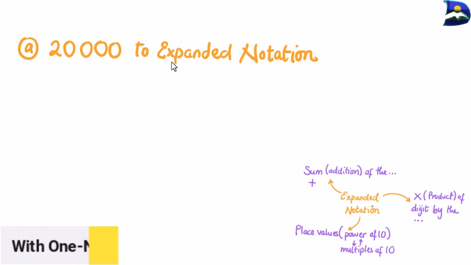Now, given this question, which says that given the number 20,000, transform it to expanded notation, we have our template that we're going to apply to this question in order for us to develop our result, which looks like our template that is set up right here.